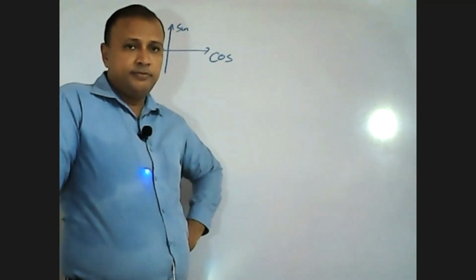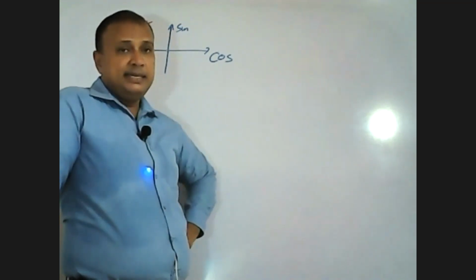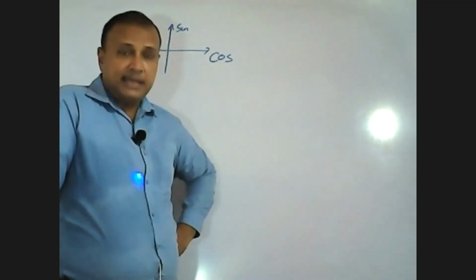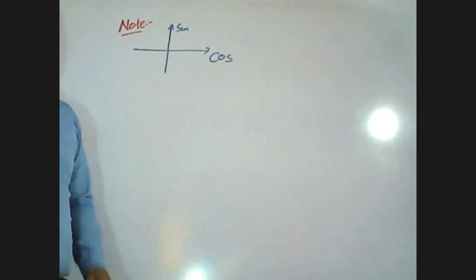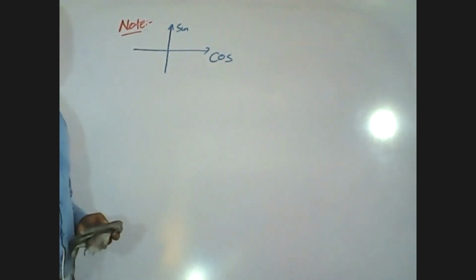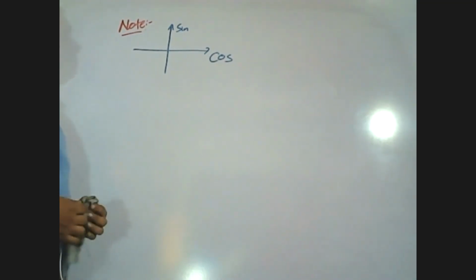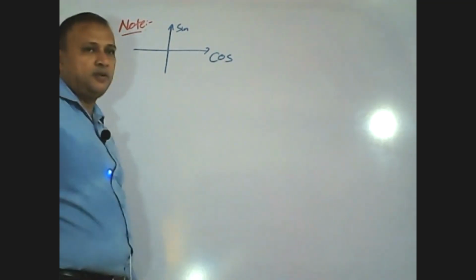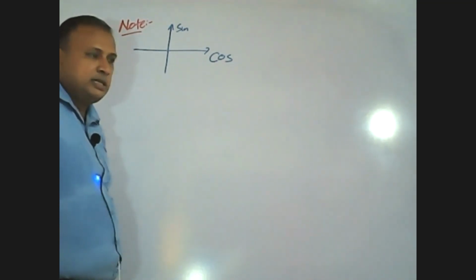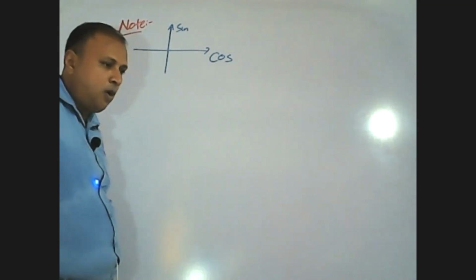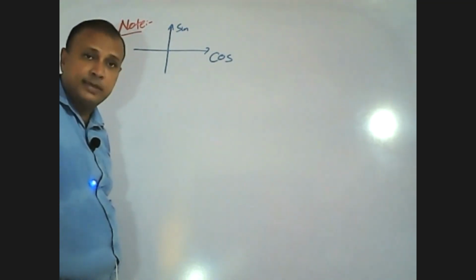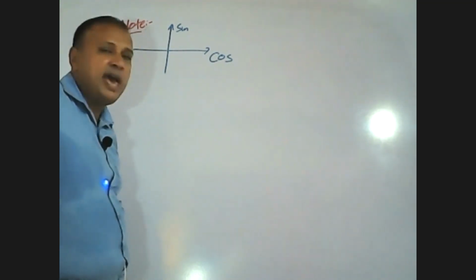Therefore, the x-axis is called the cos axis and the y-axis is called the sine axis.